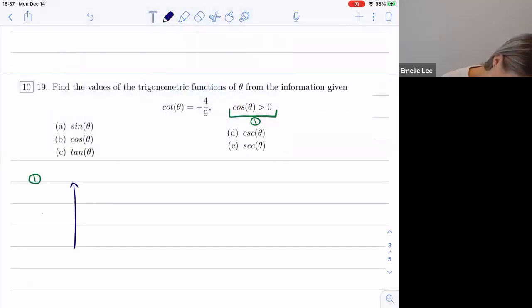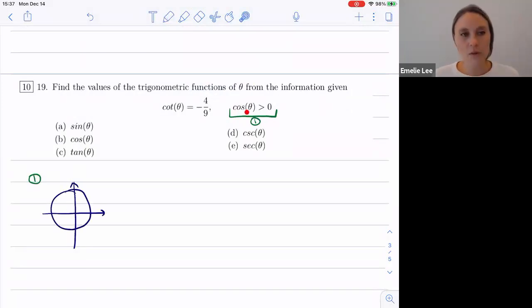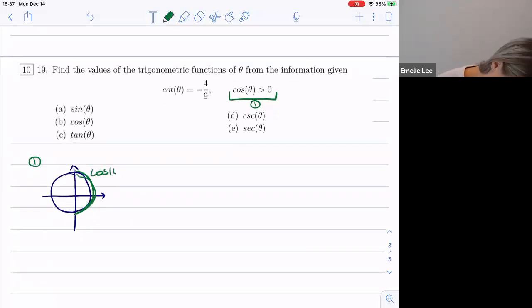This means that if I'm on the unit circle here, if the cosine of theta is the x coordinate and it has to be positive, and it does, so the x coordinate is positive on this side, right? The cosine of theta is greater than 0 on that half circle. In fact, I'll highlight it a little bit better. Okay, so that's the realm that we're working in.